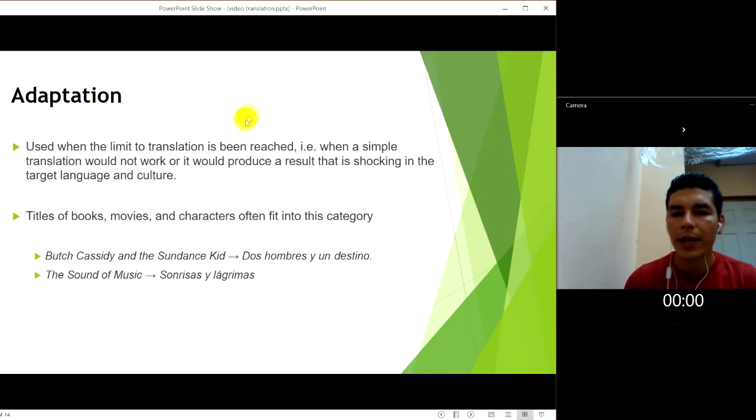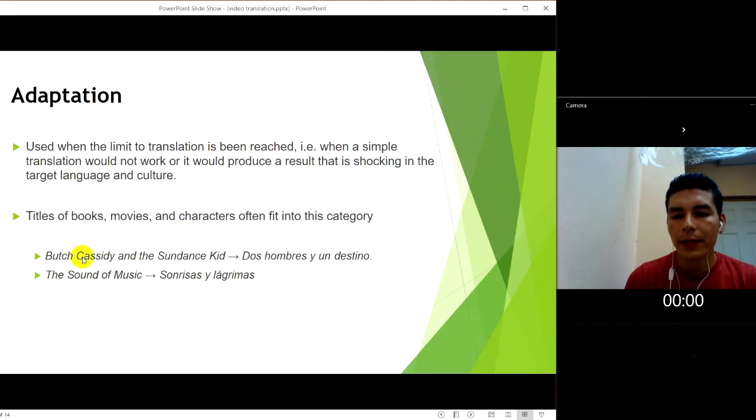And the last one is adaptation. It is used when the limit of translation is being reached, when a simple translation will not work or it will produce a result that is shocking in the target language and culture. For example, titles of books, movies, and characters often fit into this category.